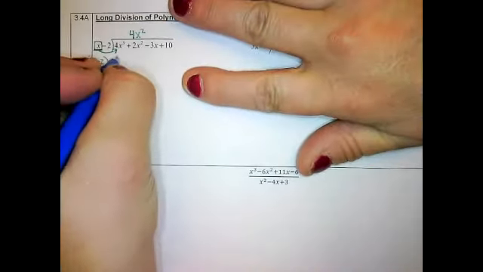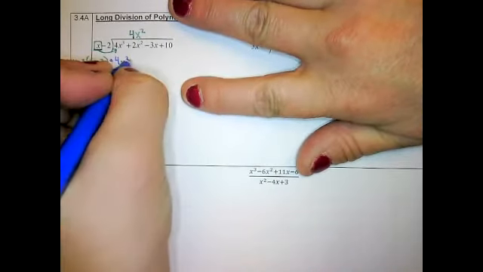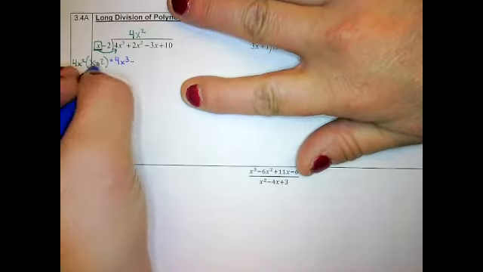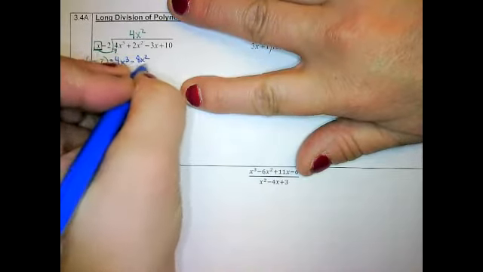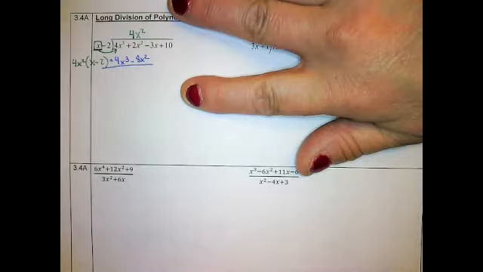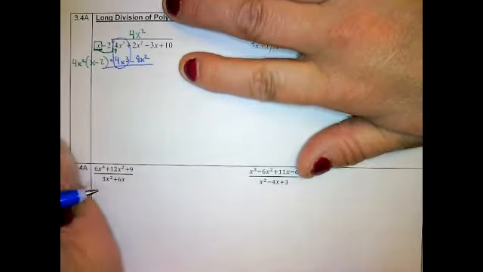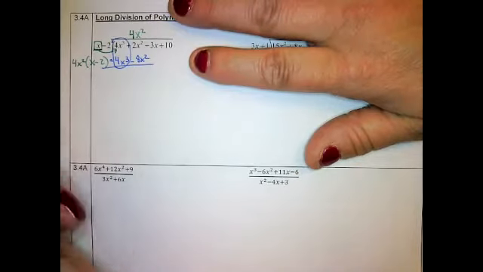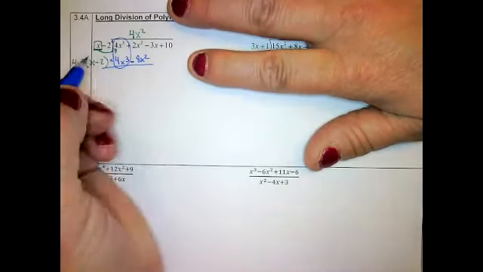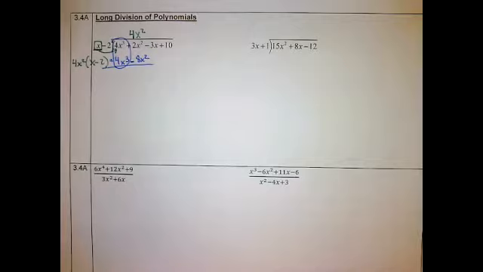So I get 4x to the third minus 4 times 2 is 8x squared. Now, the important thing here is these two should always match up, at least until the very end, unless I'm left with a remainder, and then they won't match up.